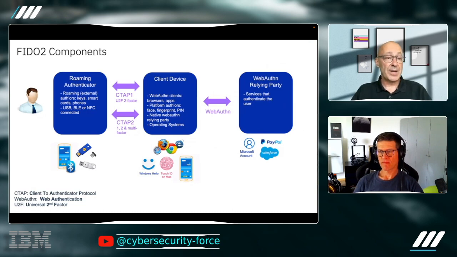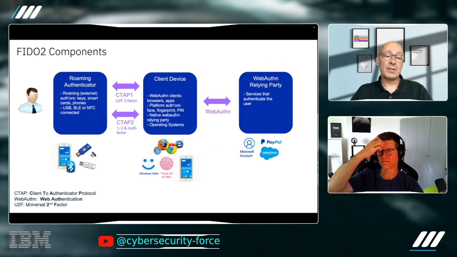And the FIDO organization has always made quite some publicity to use these because it's an extremely secure way to authenticate users, because it's phishing resistant, because of what we just explained.